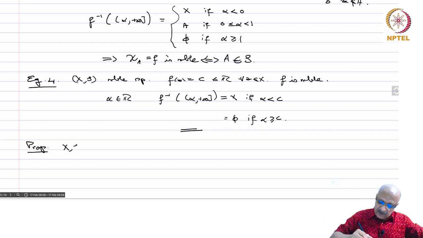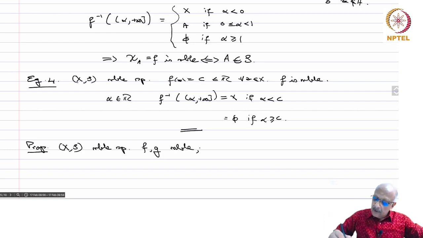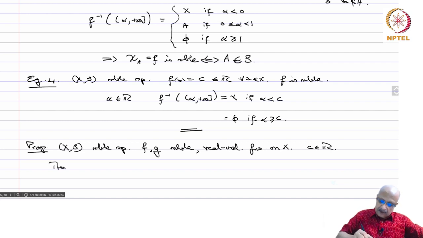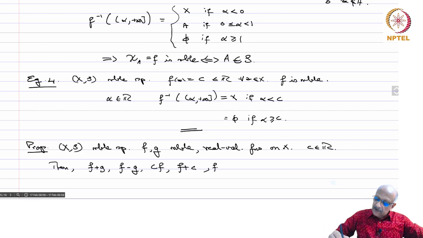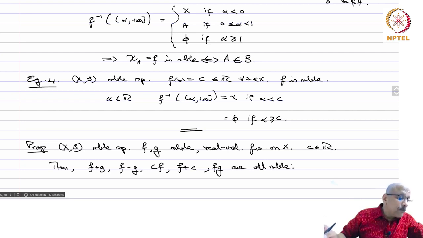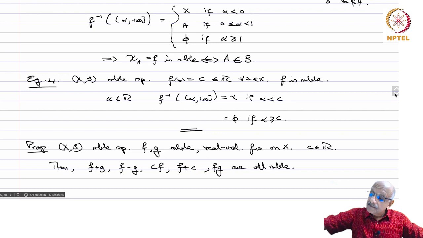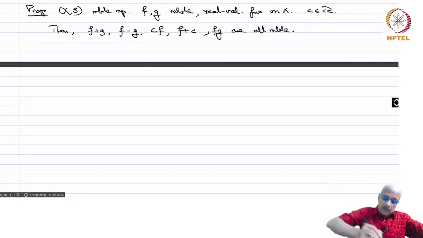Let X be a measurable space, f, g measurable real valued, not extended real valued, functions on X. c is in R. Then f plus g, f minus g, cf, f plus c, fg are all measurable. Proof.